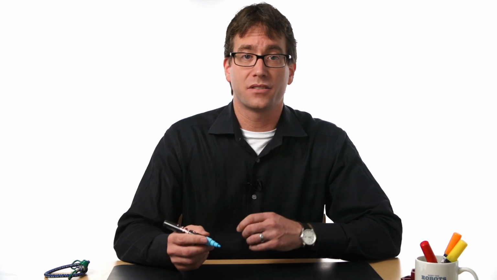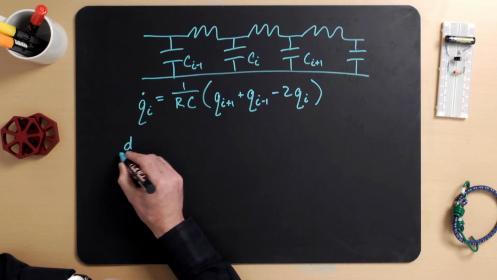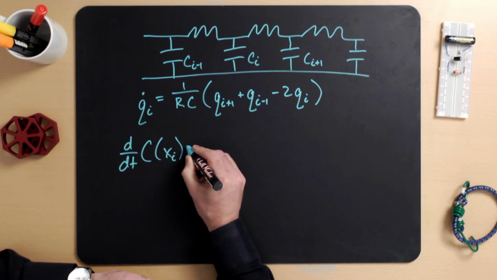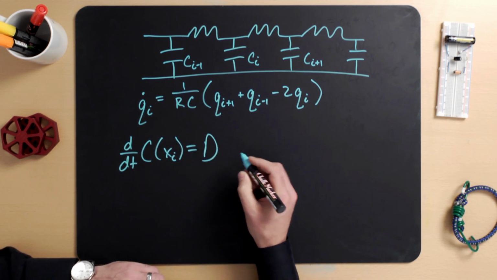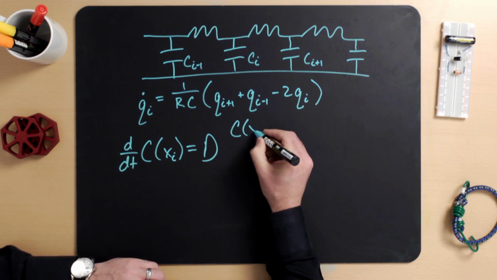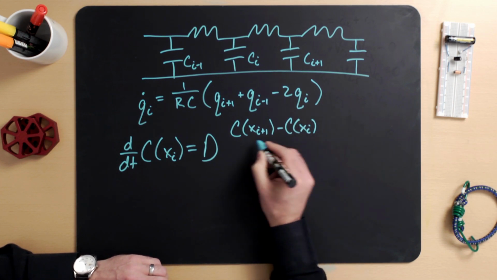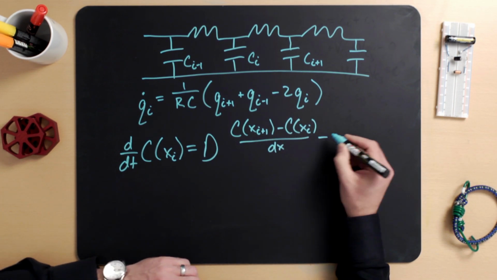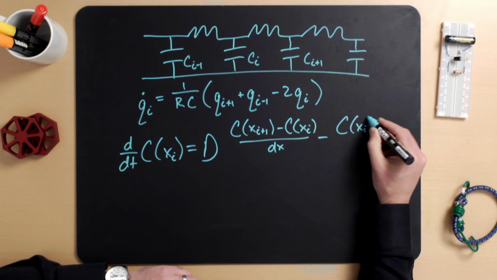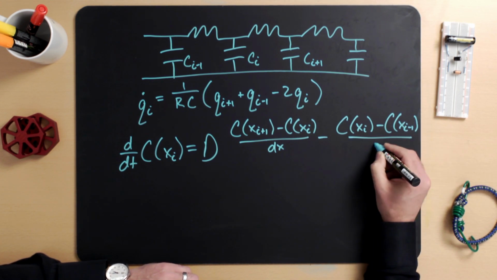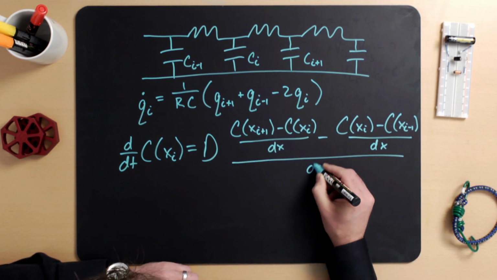Look at the right-hand side of this differential equation, and now look at the diffusion equation prior to taking the limit as dx goes to 0. We have d dt of c at some point xi is equal to D times c of xi+1 minus c of xi divided by dx, minus c of xi minus c of xi-1, all divided by dx, and all of that divided by dx.